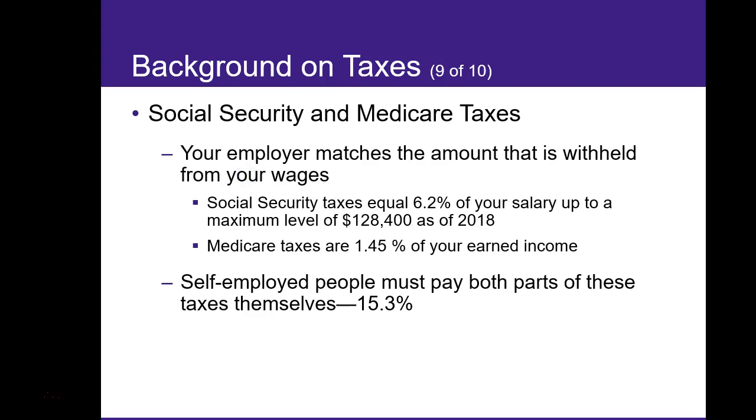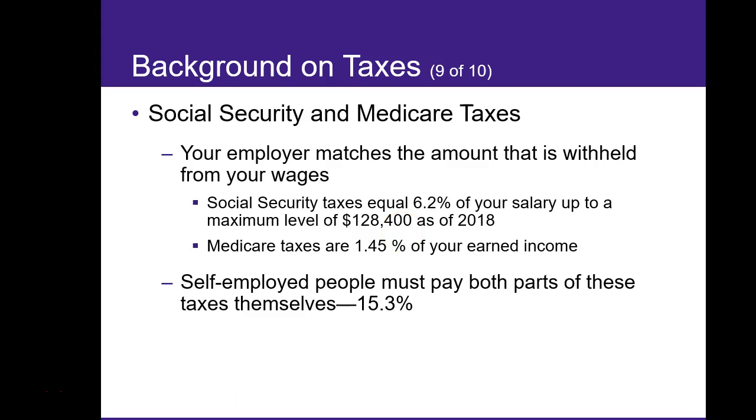Now, your employer also has to match whatever you pay for Social Security tax and Medicare tax. That rate is 6.2%. And I made some changes that may be good, may not be good, as I thought about it, but it's done already. Because your book is showing these figures as of 2015, I'm showing the maximum earnings base as of 2018.